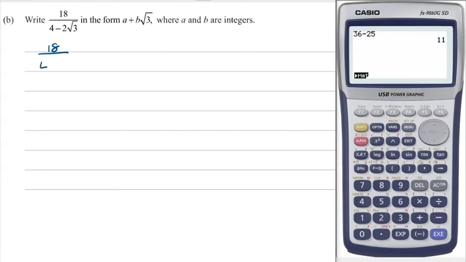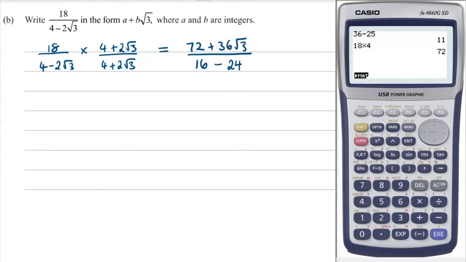For part B, we are going to rationalize the denominator, oh, that should be a 3, so that we can get rid of the square roots on the bottom. So we use the denominator but with a plus instead of a minus on the square root portion of it. Now I'm going to multiply those through.